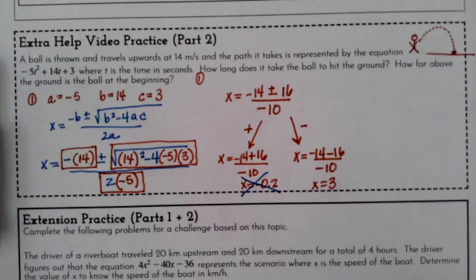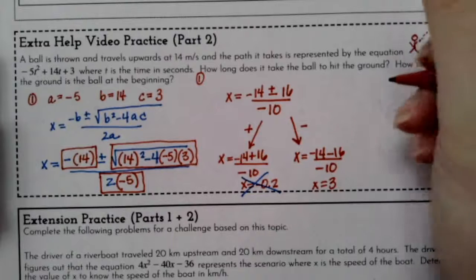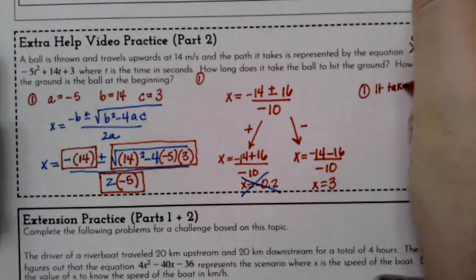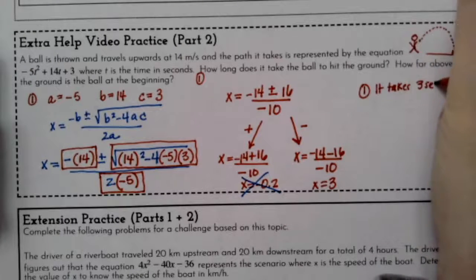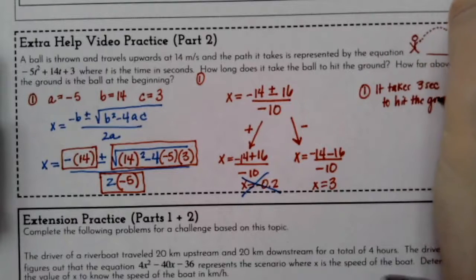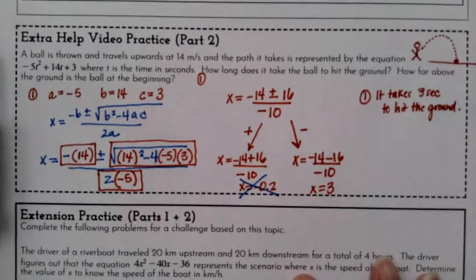We can't go back in time. But what about this one? This one says it takes 3 seconds to hit the ground. That does make sense, so that is my answer. So for question 1, we can say it takes 3 seconds to hit the ground.